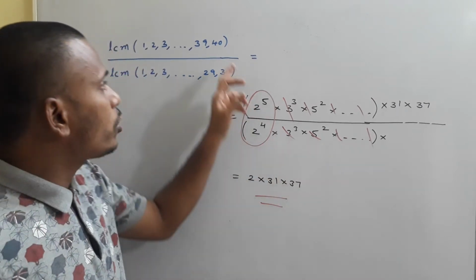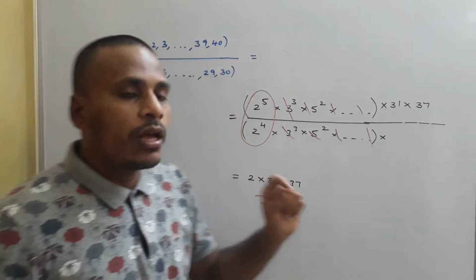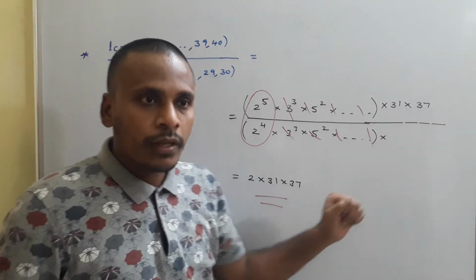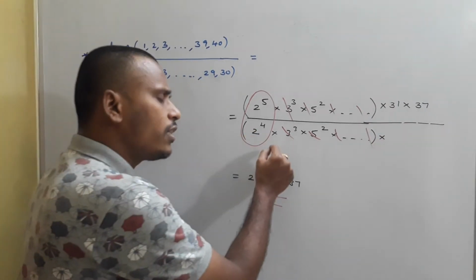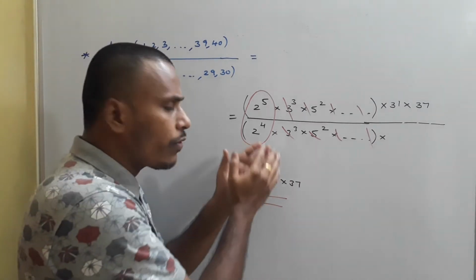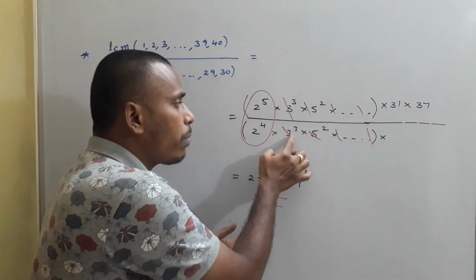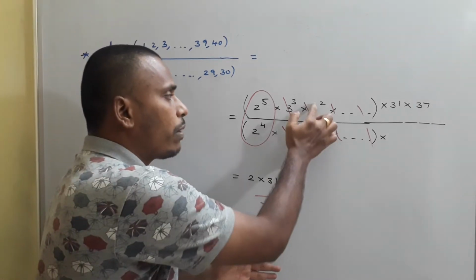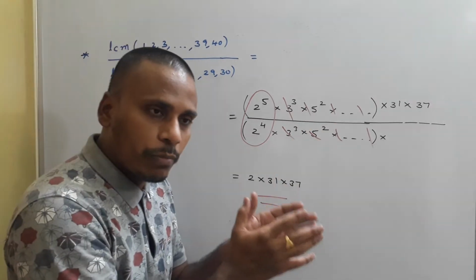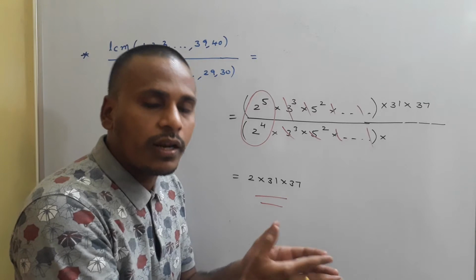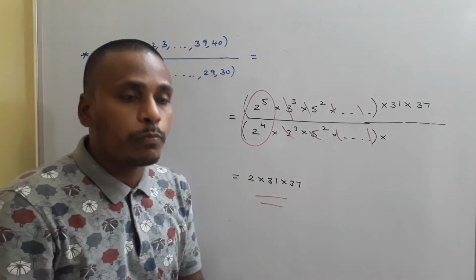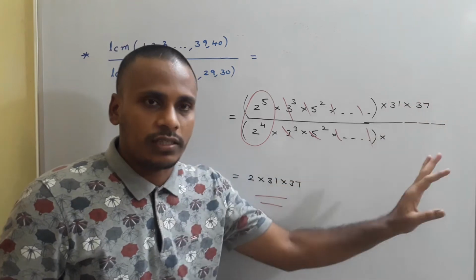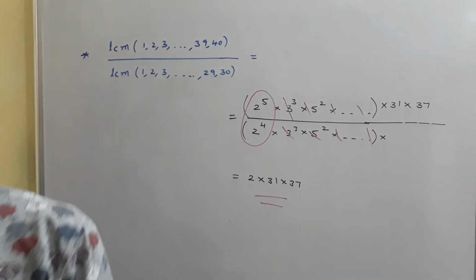But the primes between 30 and 40 exist only in the numerator, not in the denominator. Every prime number will exist: 3 power something with the same power in both numerator and denominator, 5 power something, 7 power, 11 power, 13 power, like that, but all will get cancelled. You are left with these two along with 31 and 37. Have a look.